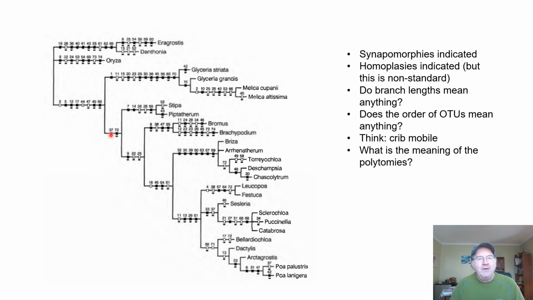So where do we have 1 to 2, 1 to 2, 1 to 2. But occasionally, like down here, we have a polytomy, that is many branches coming off of a single node. In this specific case, this is a tritomy with 3 branches coming off that one node.